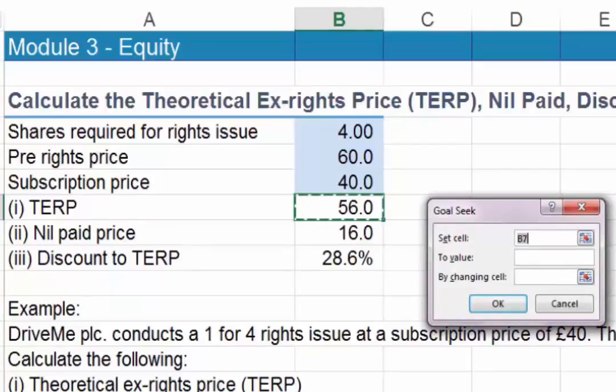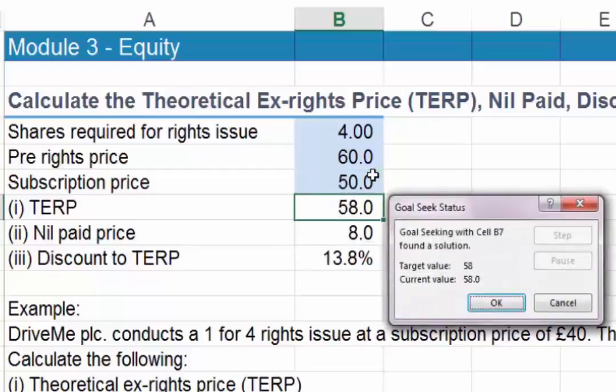Set cell B7, which is where the value for the TERP is. We want to set it to a value of 58 because the company doesn't want the price to go below 58. And we want to do that by changing one cell, the subscription price. So Excel is going to run the iterative process, keep changing that subscription price until we get to a TERP of 58, and it will tell us what that number is.